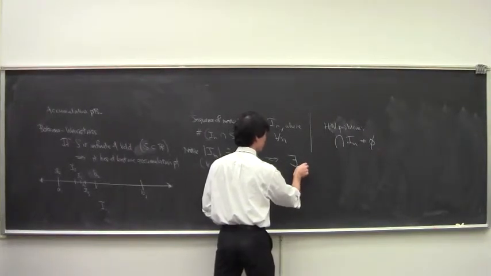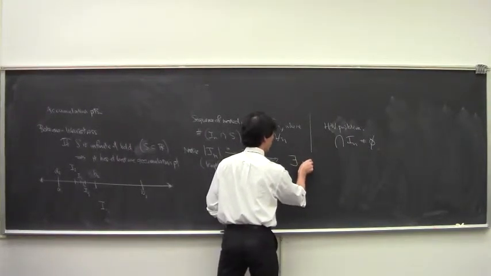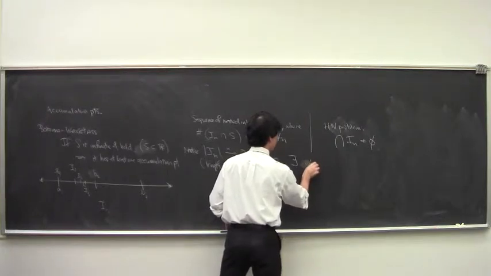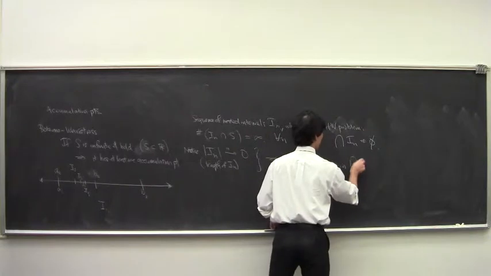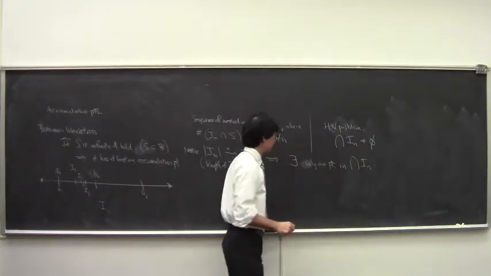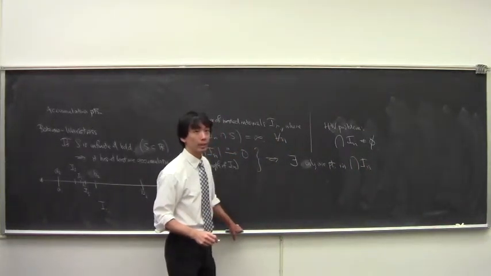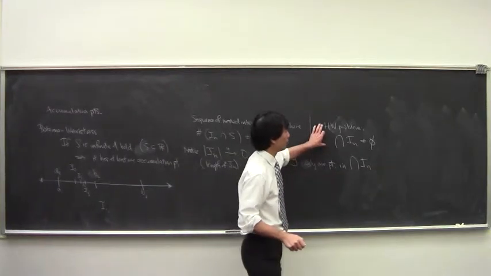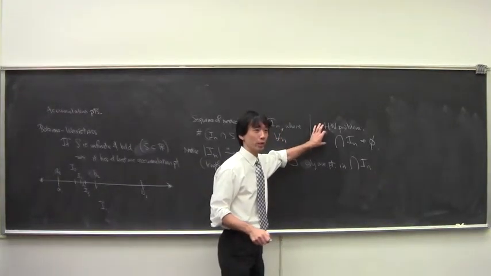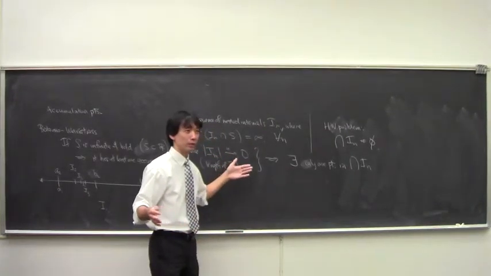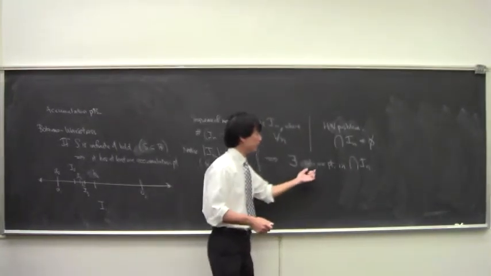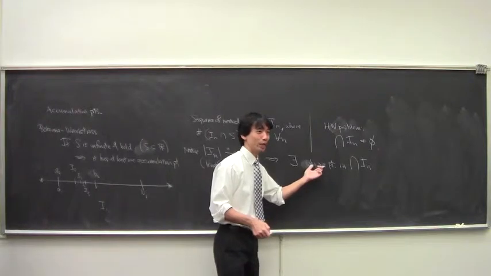There exists only one point in the intersection. Okay. So the homework problem is to show that there exists a point there, and the fact that the lengths of the intervals go down to 0 implies that there's only one point in there. So there's one and only one point.